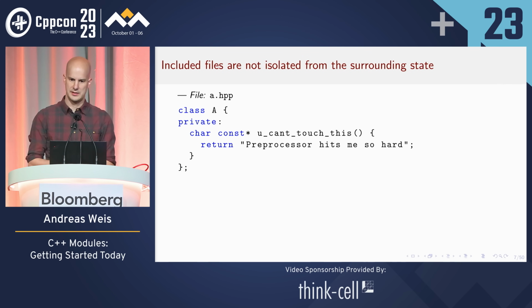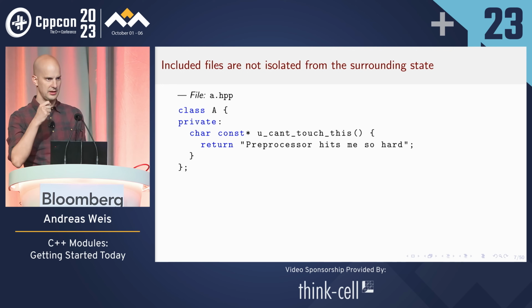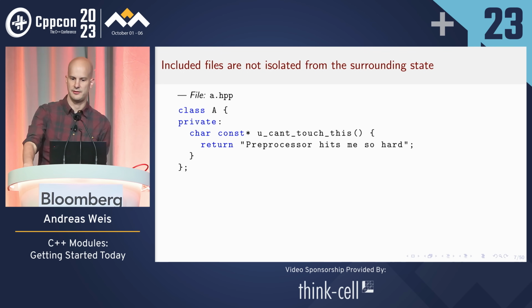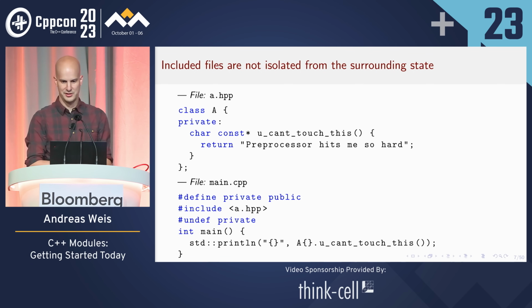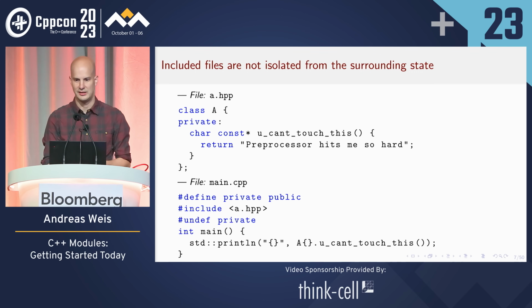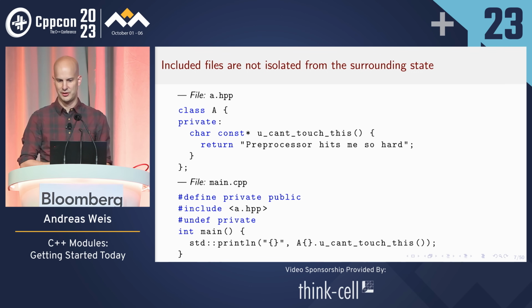Another thing that is not nice is that include files are not really isolated from the surrounding state. They're always interpreted in the context of the translation unit that includes them. For example, in this case, I have a class definition, and you might think, oh, this is a private function, so nobody will ever call this. But of course, your translation unit could be particularly evil and just define private to public, and then they have access to this.